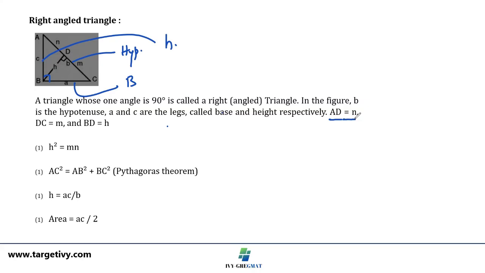AD is equal to N. BD is equal to H. So a perpendicular has been dropped with a height H, and M and N have been marked.